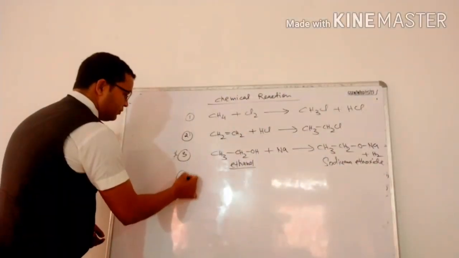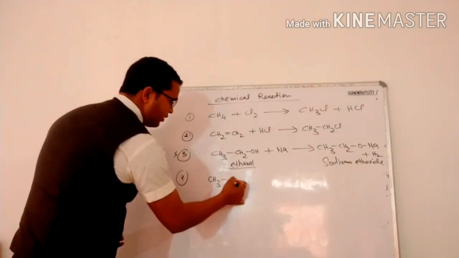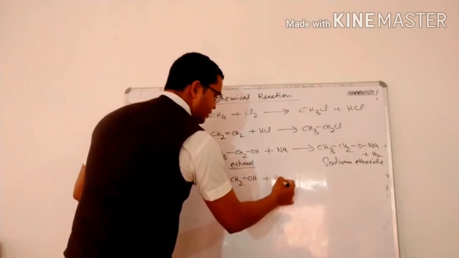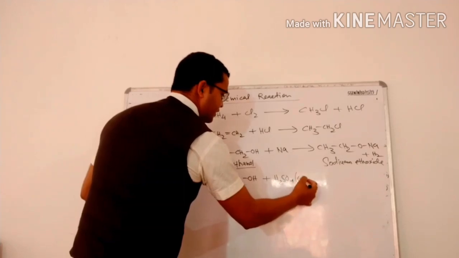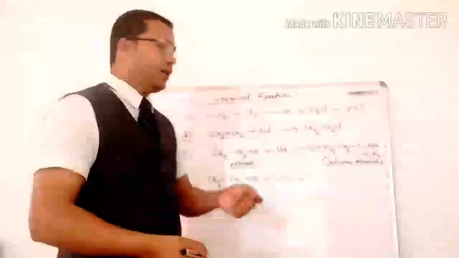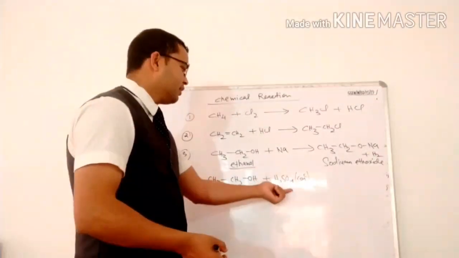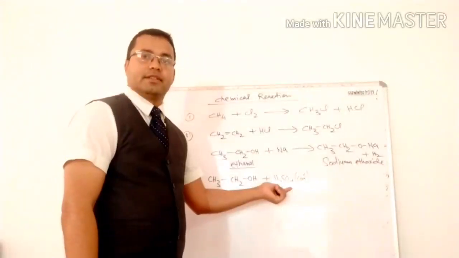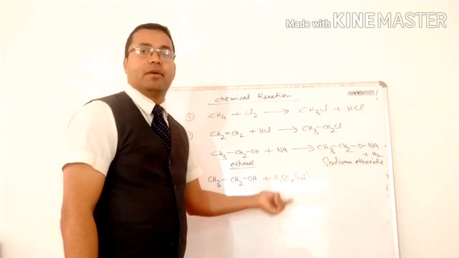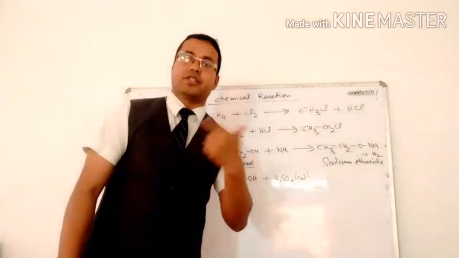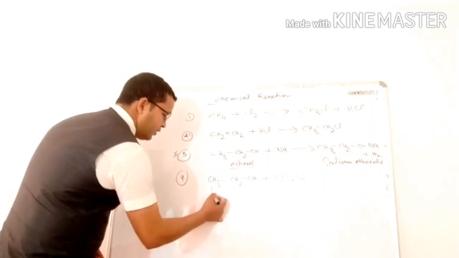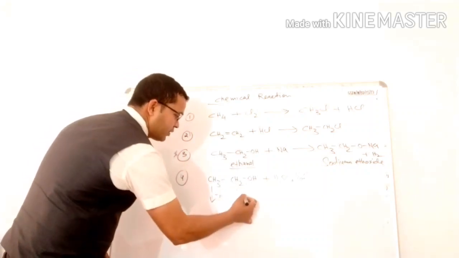And number 4. The same reactant, ethanol. Put some concentrated sulfuric acid. You already learned in the lab what is concentrated and what is dilute. Sulfuric acid here acts as a catalyst, and remember, in organic chemistry, a catalyst generally attacks the functional group. So one hydrogen will be removed from here, and from here the functional group will be removed.